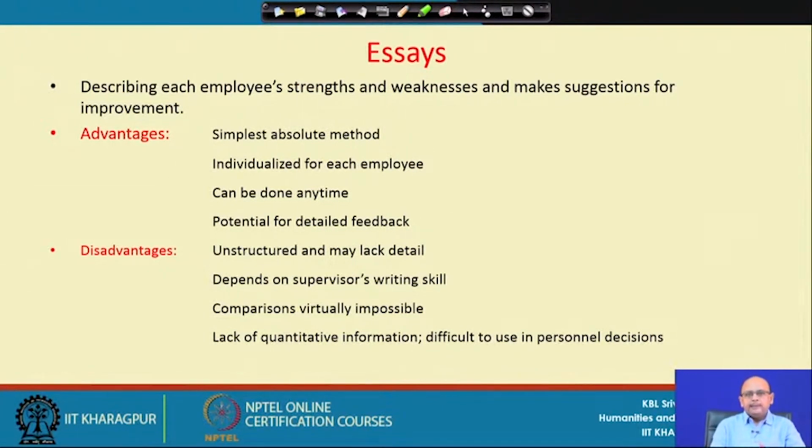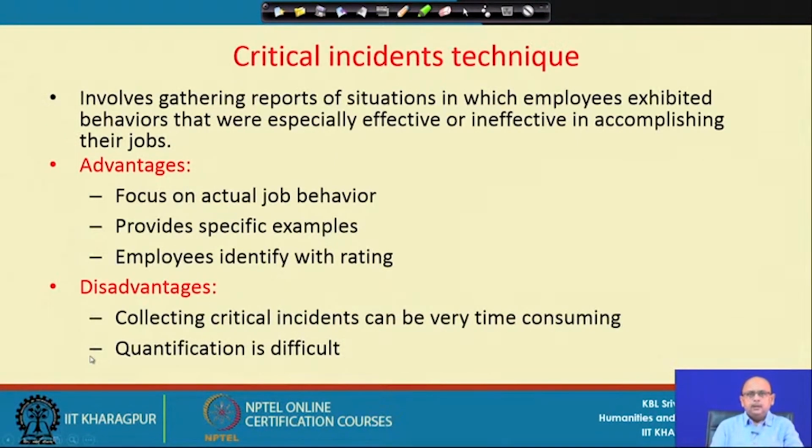It also has an advantage because you know each and every employee, what they have done, what they have not done and how they can be developed, but you may be biased also. Okay. It depends on how good you are, whether you can articulate and write well about the employees, right. Suppose you have certain problems with an employee, then you will not be able to write good things. So, these are the issues related to the essay.